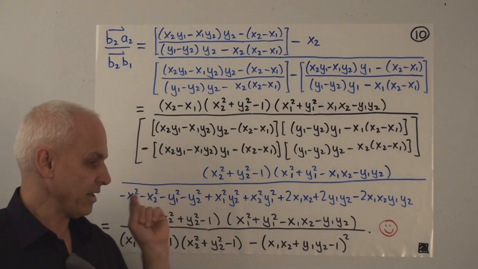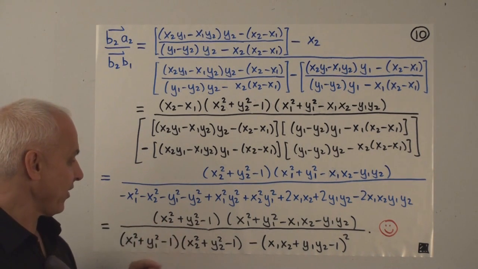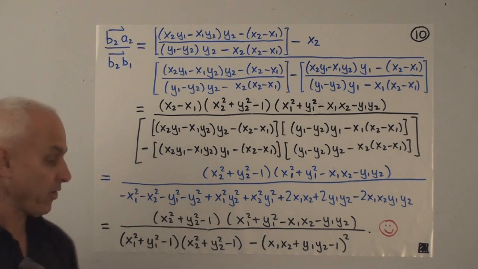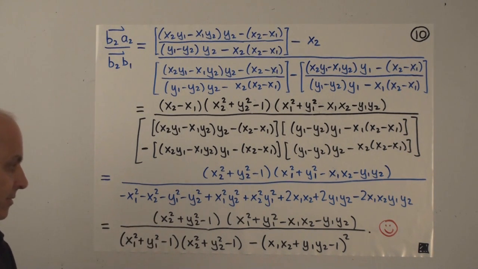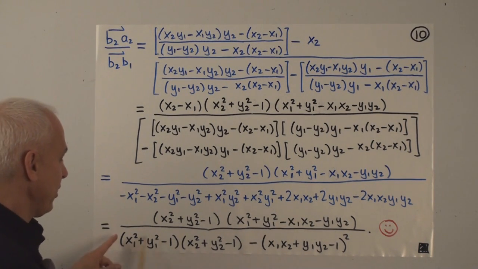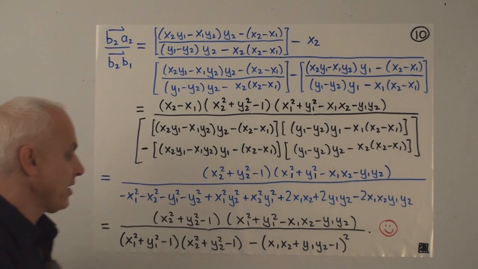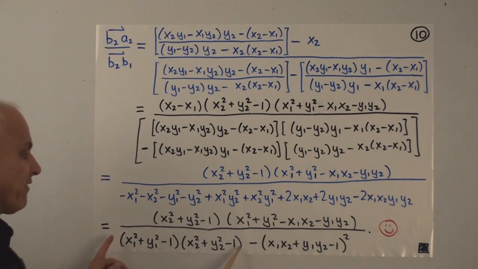The other thing that we had in the other one was a term just like this, x1² + y1² - 1. That's going to end up in the denominator along with this thing here. And the new numerator is going to be what's here. So it's going to be this thing here times this thing here minus this thing all squared, divided by, well, essentially divided by this thing.